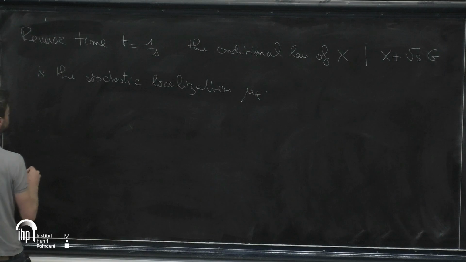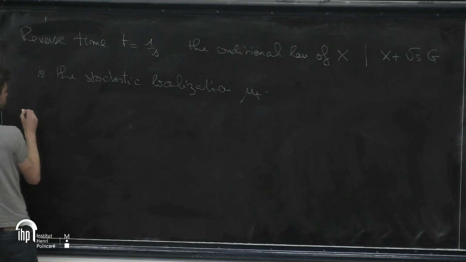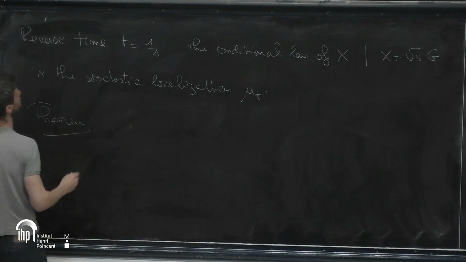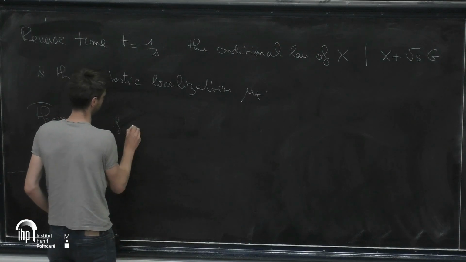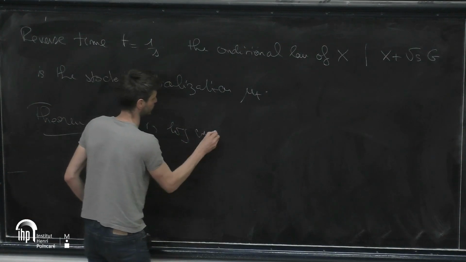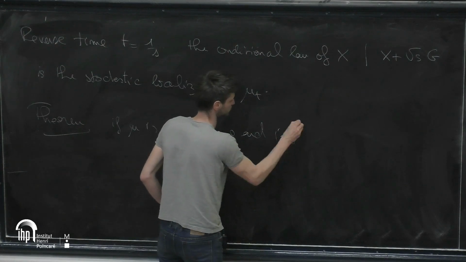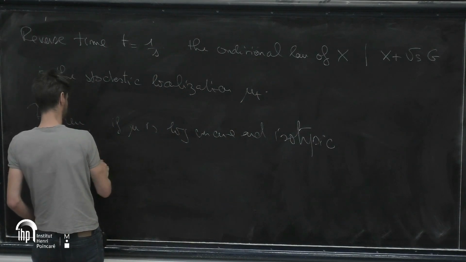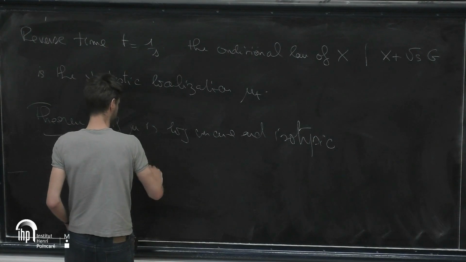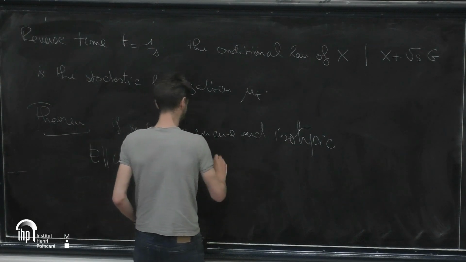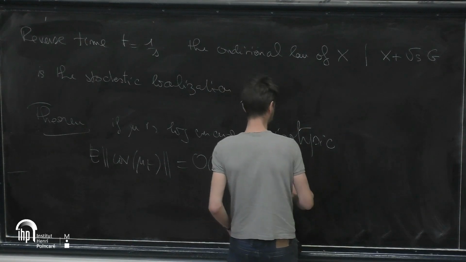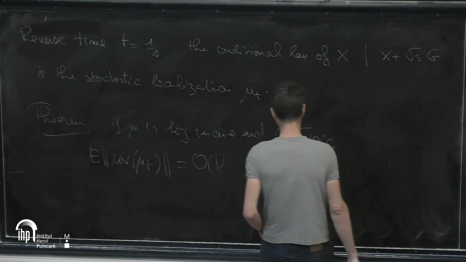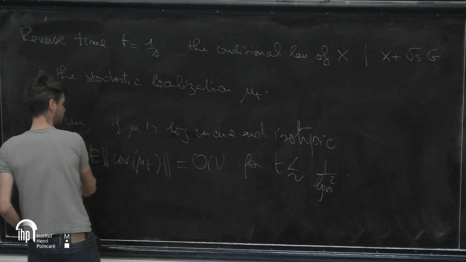So the theorem amounts to the following. I'm just rewriting the theorem with this language. If mu is log concave and isotropic, this is just the same theorem, the expectation of the norm of the covariance of mu t is order 1 for t about 1 over log n squared. So this is the goal.